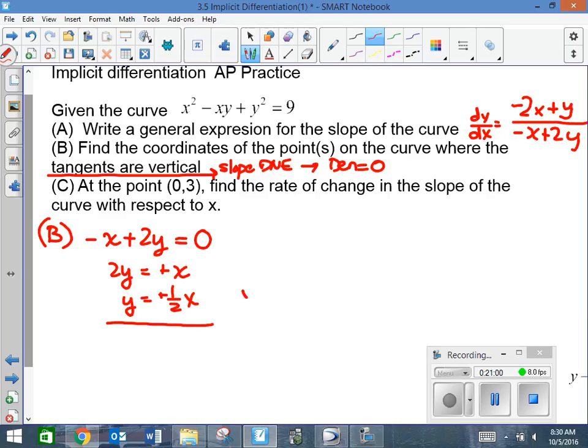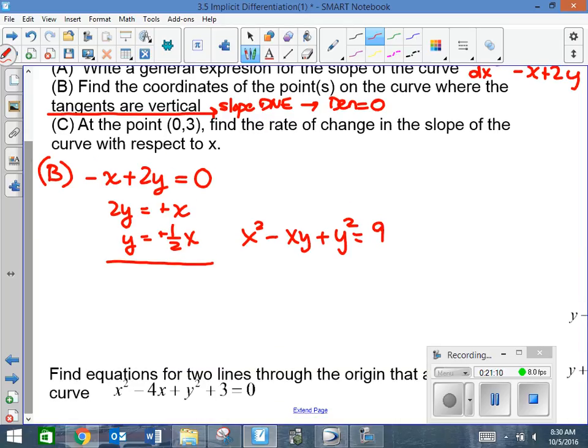But that's the other equation we need to look at. You have two variables, you need two equations. So I'm going to put in y equals 1/2 x for all the y's.